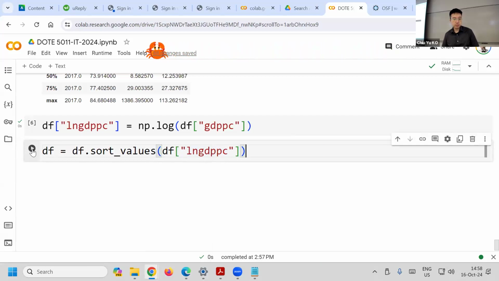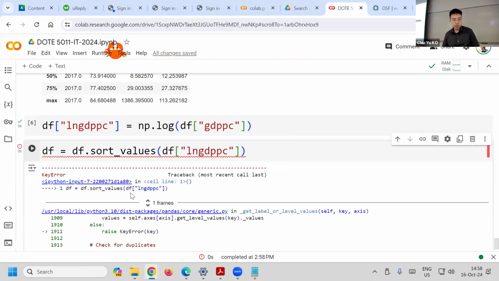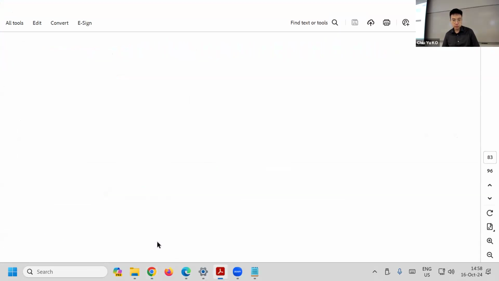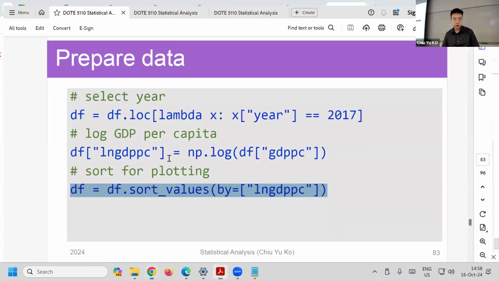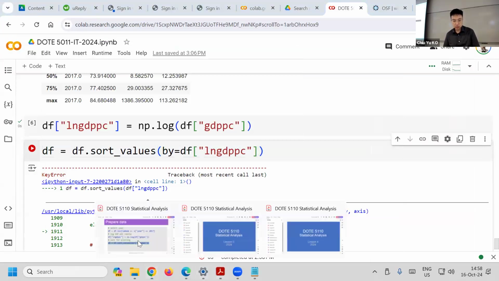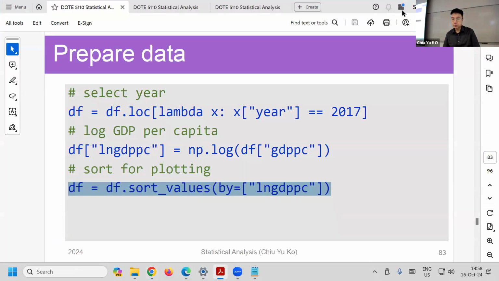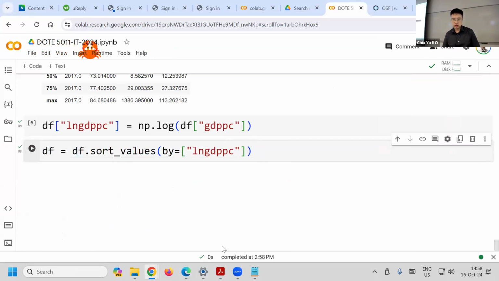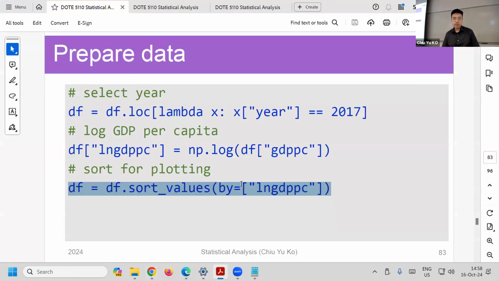Okay, I sort them. So this is the way we do it.